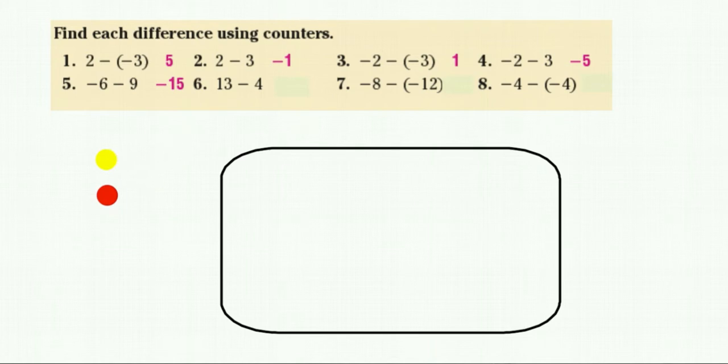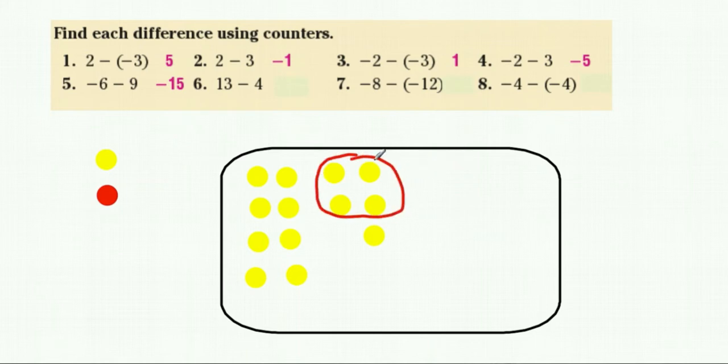Again, 13 positive counters: 3, 4, 5, 6, 7, 8, 9, 10, 11, 12, 13 positive counters, and you want to subtract 4 positive counters, so this is pretty simple. You simply take out the 4 positive counters and you have 11. So that's easy enough.